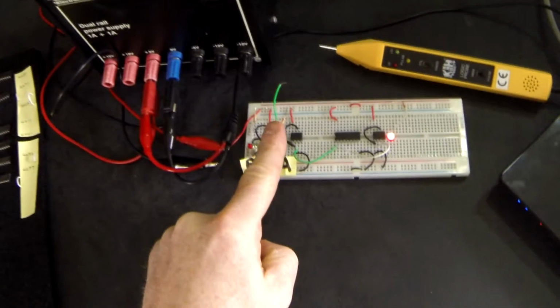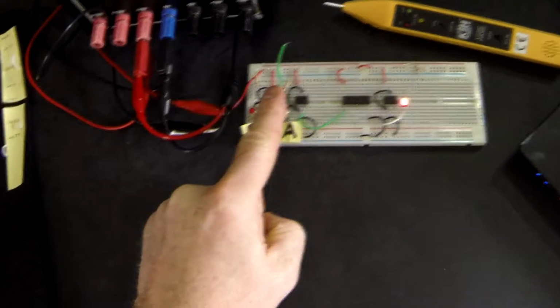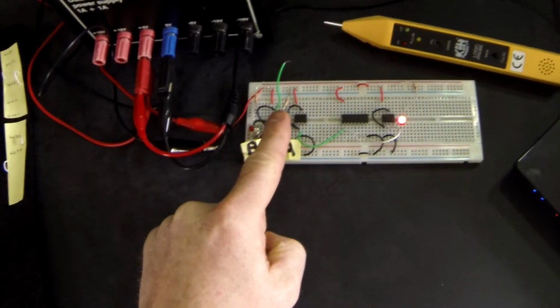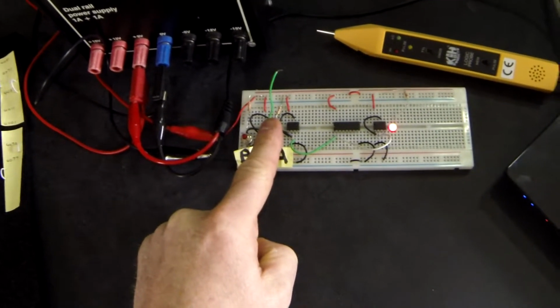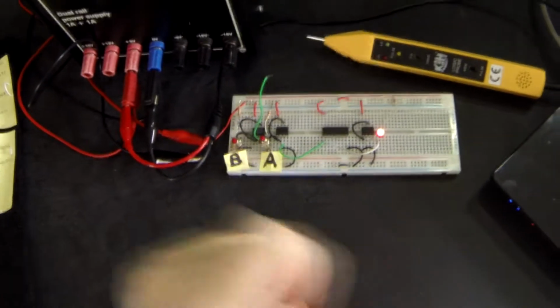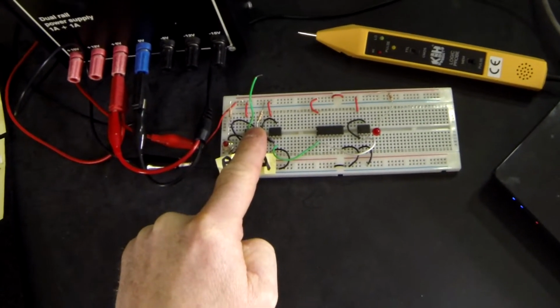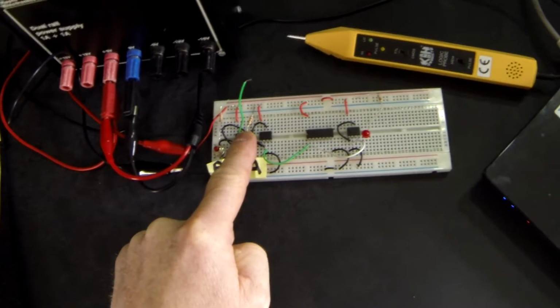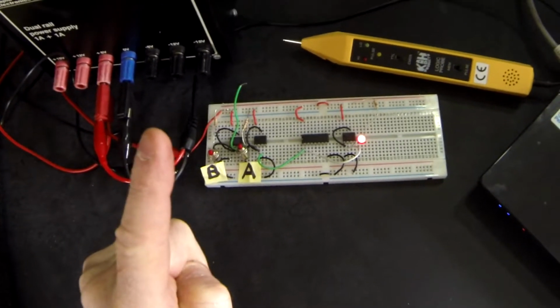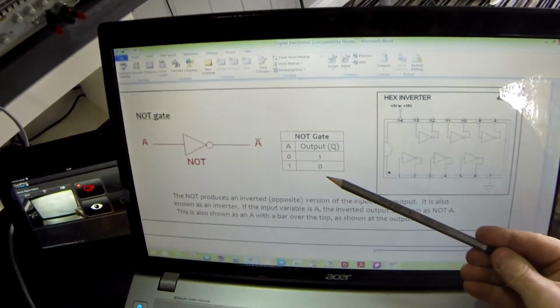So now I'm only using switch A. I could have used B, but it doesn't matter. And therefore the input is low and I haven't pressed it, and the output is high. When I press A, the output goes low. So when A is high, the output is low. When A is low, the output is high. And this bears out on our truth table. Moving on.